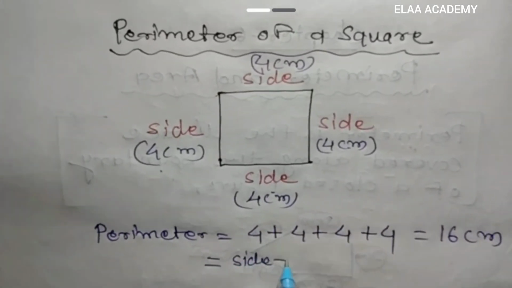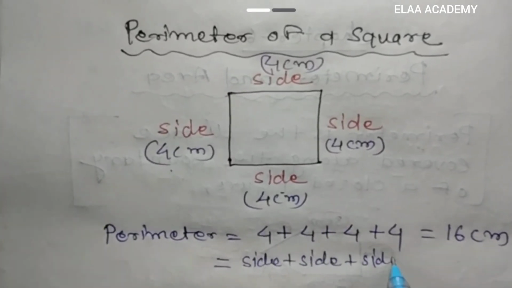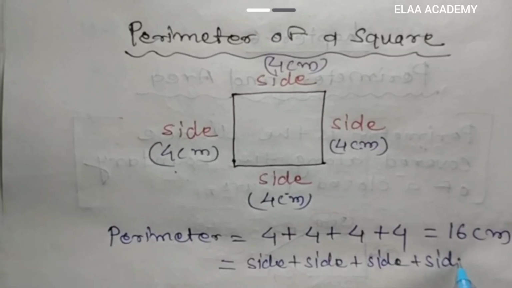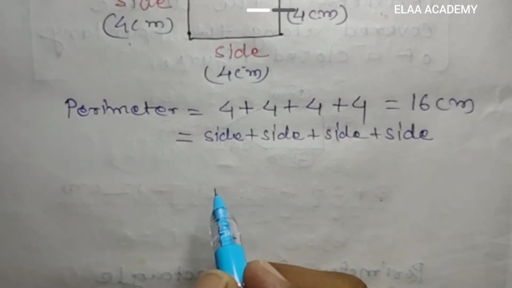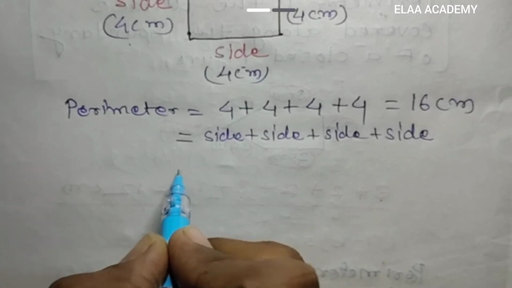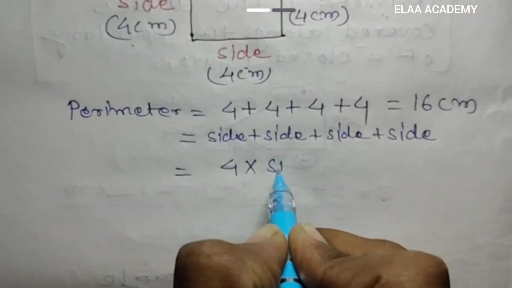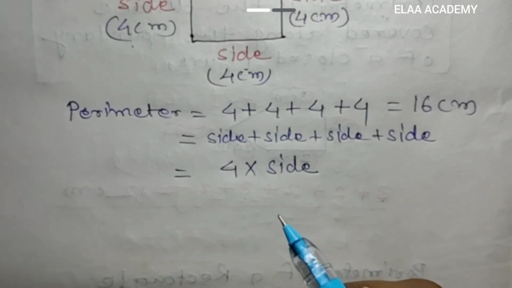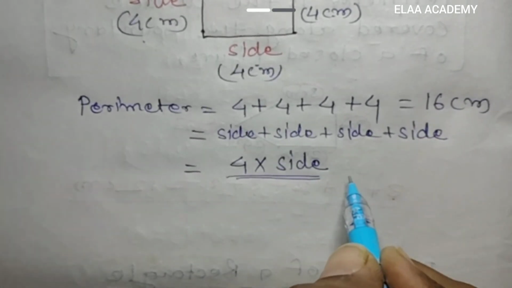So what is this 4? It is side plus side plus side plus side. Can I write this as 4 multiplied by side?